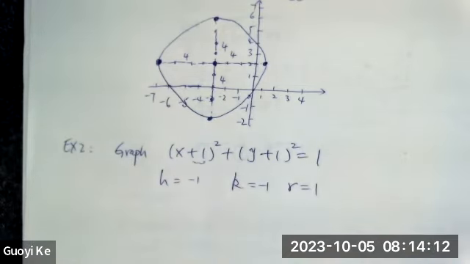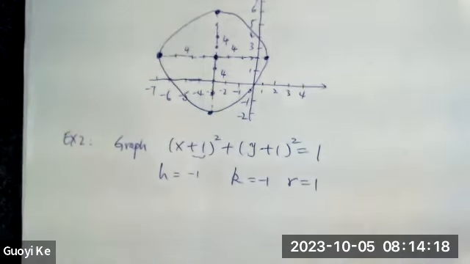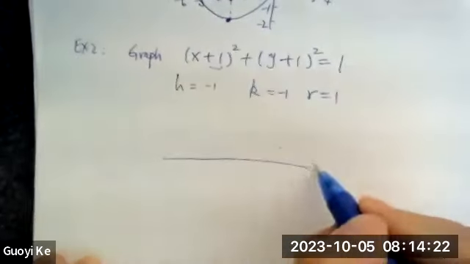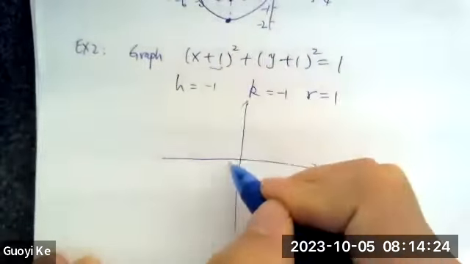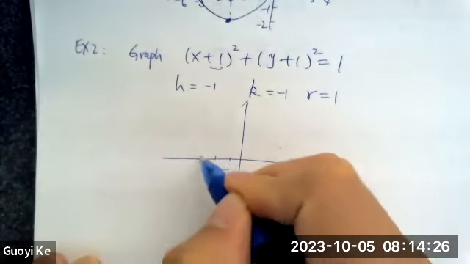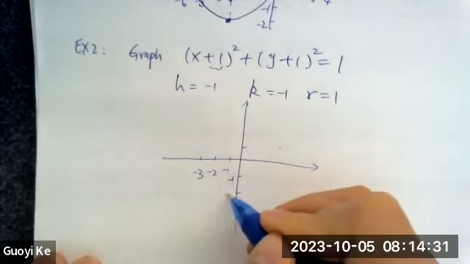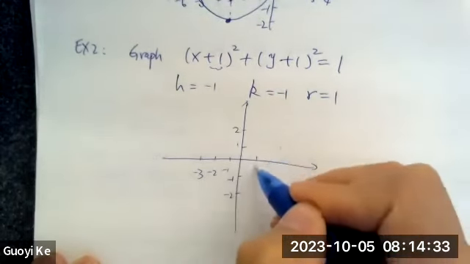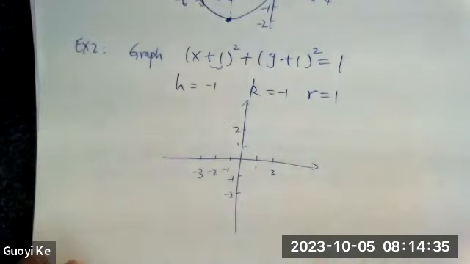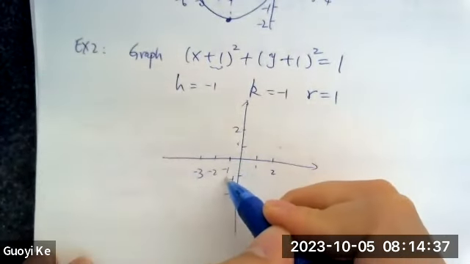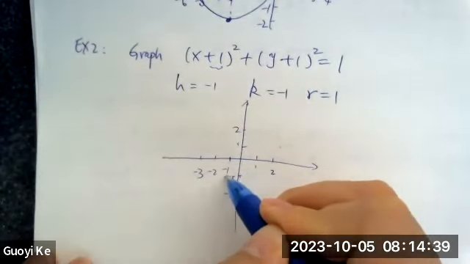I think you shouldn't have any kind of issue with H, K, R, right? So that's the first step. In the second step, you can draw the coordinates. The first step, you need to find the center, which is here.